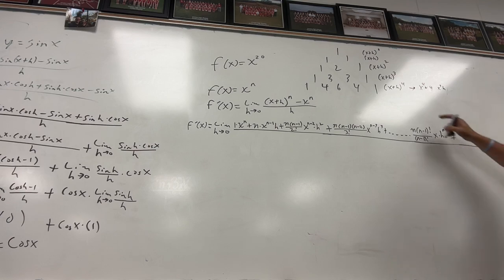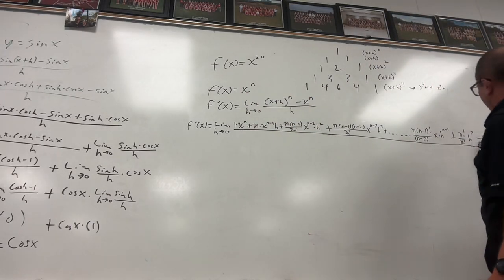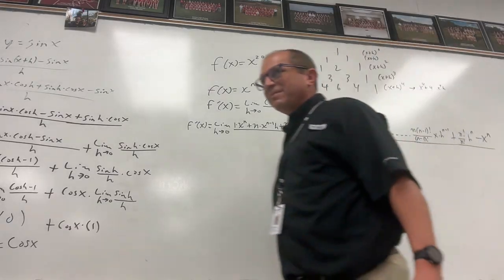And then my final term would just be n factorial over n factorial times h to the nth power. And then it would be minus f of x, which is just x to the nth, all over h.